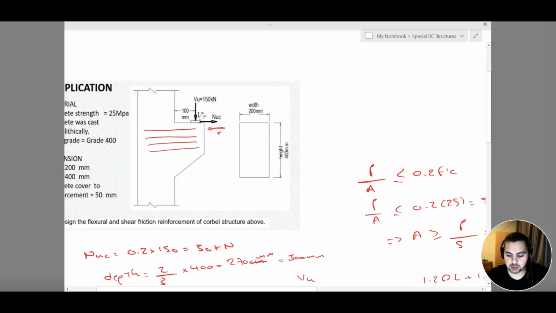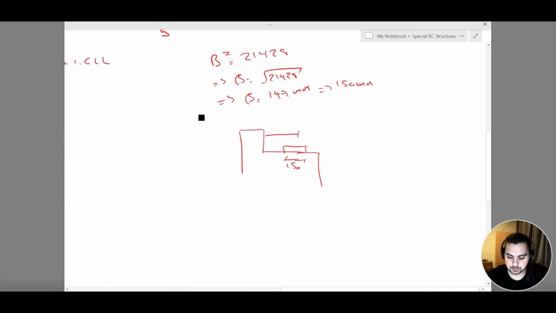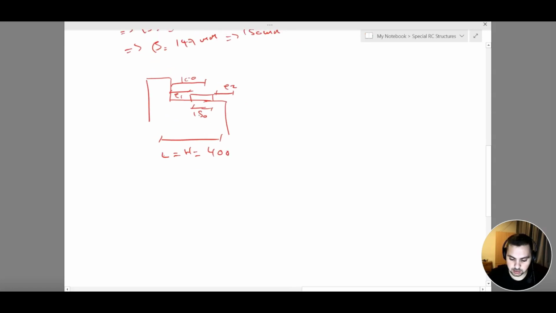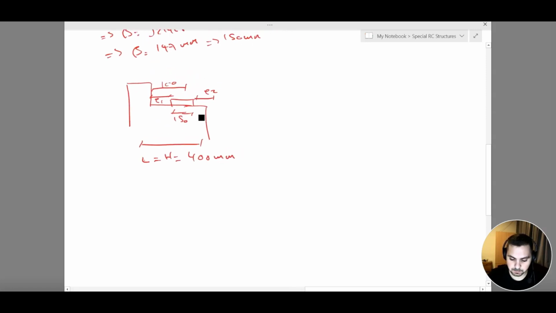My A is 100 millimeters. This is E1 and this is E2, and the whole length, we said L equals H equals 400 millimeters. These are all millimeters.